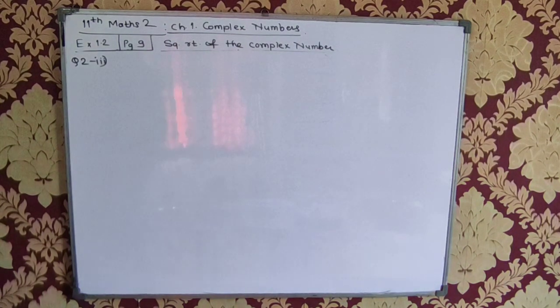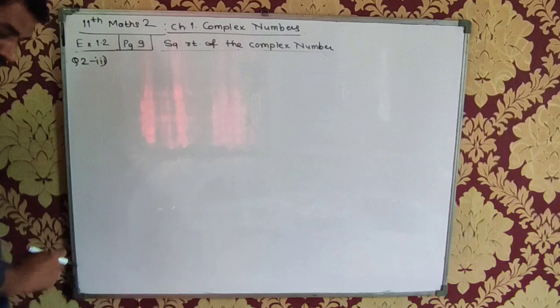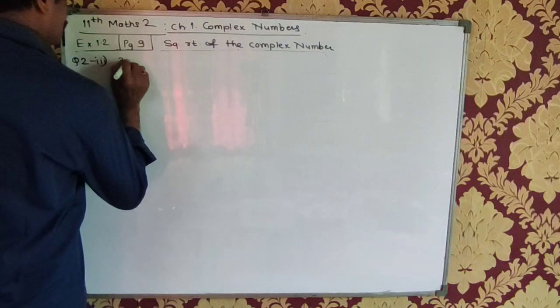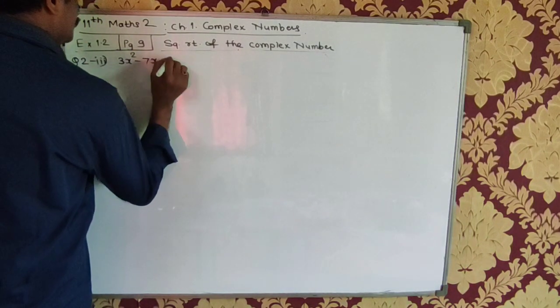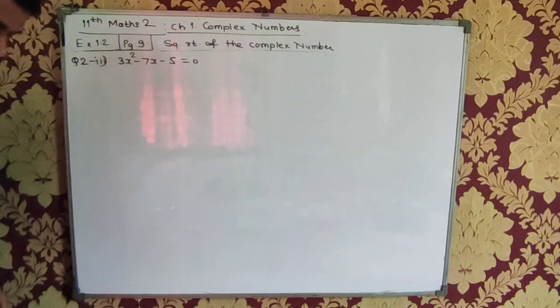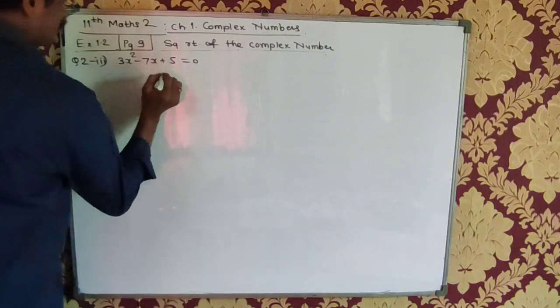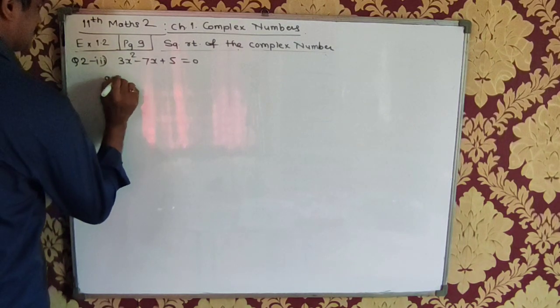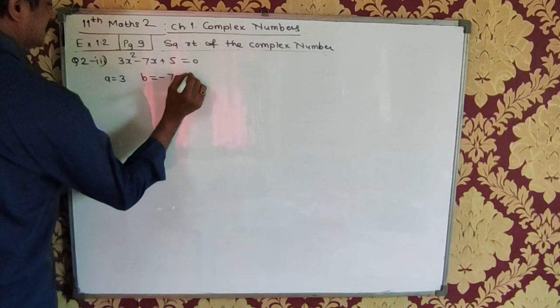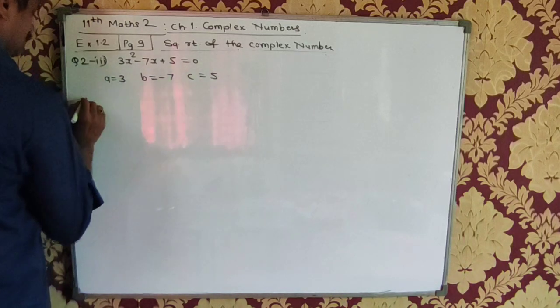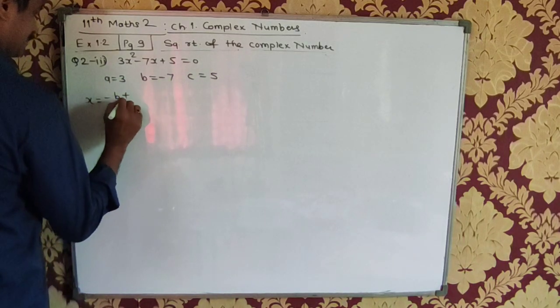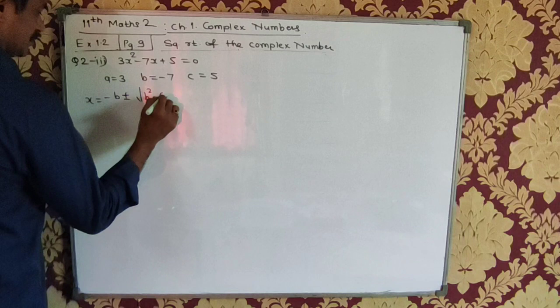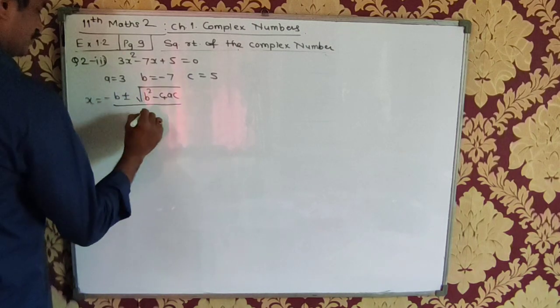Question number 2, part 3. Solve the following quadratic equations. 3x square minus 7x plus 5 is equal to 0. Okay, so I'll write it: a is equal to 3, b is equal to minus 7, and c is equal to 5. So x is equal to minus b plus or minus square root of b square minus 4ac upon 2a.